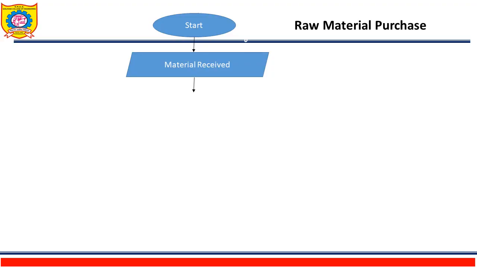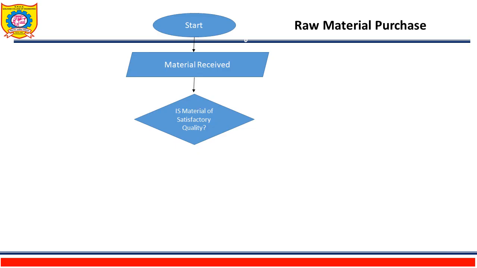This is one example of raw material purchase. How is raw material purchase done? For that a flowchart is shown. First step is start. So we are going to start with raw material purchase. What is the first step? Material is received. Once material is received, what to do next? Next, is the material of satisfactory quality?